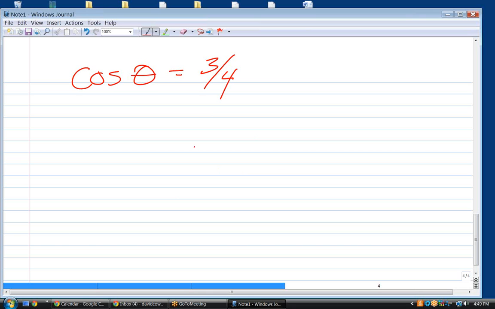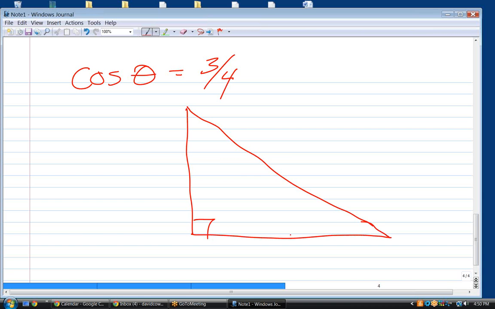What's the very first step that I want to do once they give me this function right here? Draw a triangle, a right triangle. And label theta, very important. Now, let's dimension this triangle. What 2 sides can I label based on the given information?